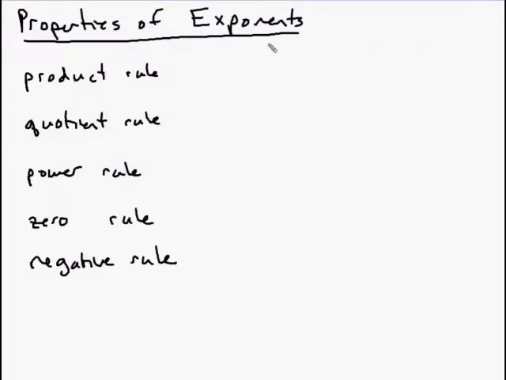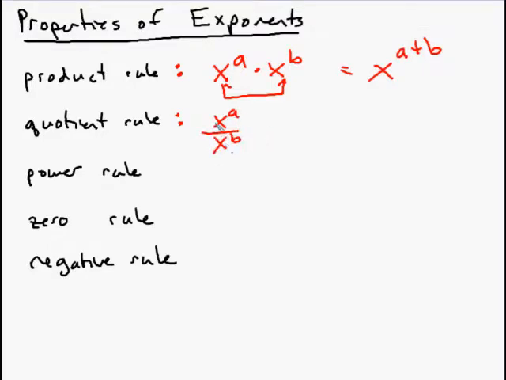Product rule. Now we've already done exponents in our appendix, so we won't go over them in too much detail. Our product rule, just to rehash, if I have an x to the A times x to the B, see, these are the bases and they're the same, so I get x to the A plus B. And quotient rule, if I'm dividing, so if I had x to the A over x to the B, notice these bases are the same, that's x to the A minus B. And power rule, if I had x to the A and then to the B, okay, so I'm going to get x to the A times B. I multiply those.